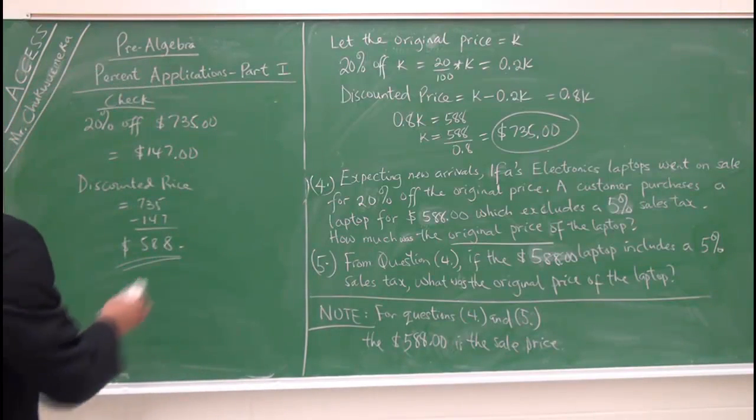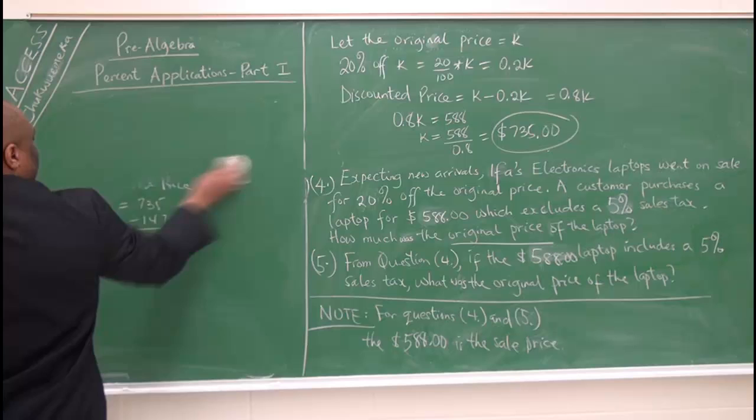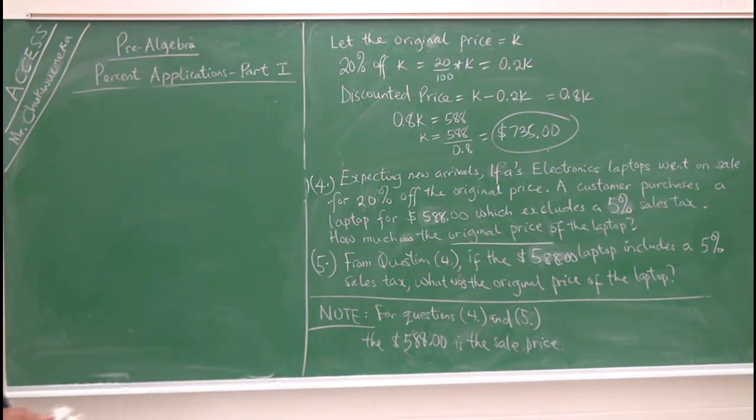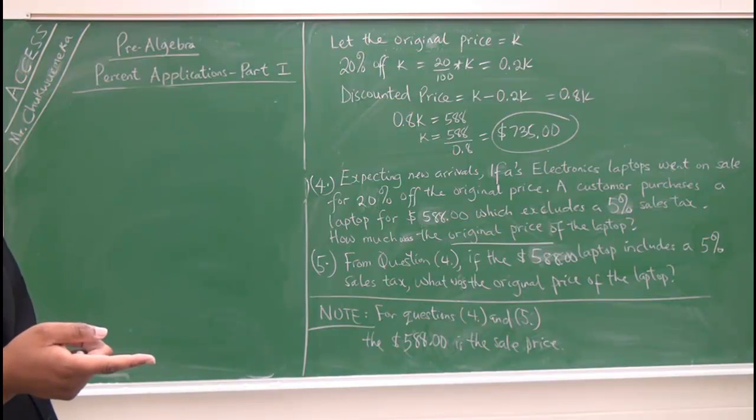Now, question 5. Question 5 says, from question 4, assuming the $588 laptop includes a 5% sales tax, what was the original price of the laptop? Now, this is more challenging, actually.